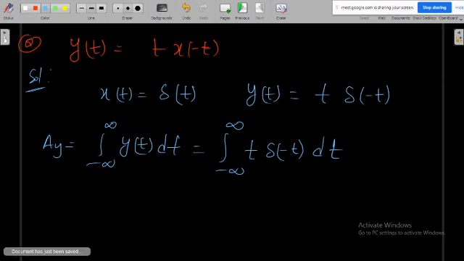Any idea what the answer is? Is the answer finite or infinite?